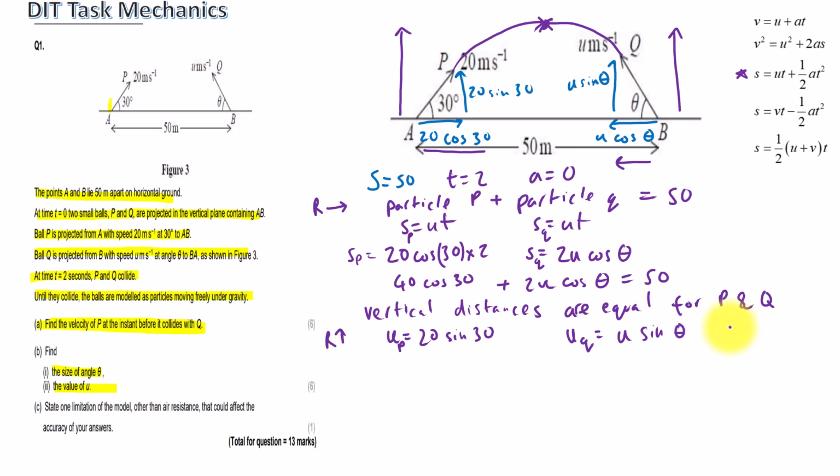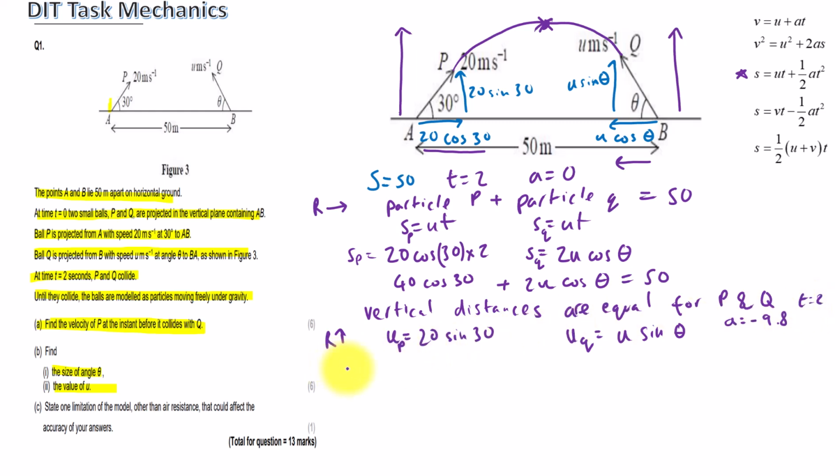But remember, when we act vertically we have acceleration, which is going to be minus 9.8. But we still have to use our S equals ut plus a half at squared, because we have t in this question, we have u.